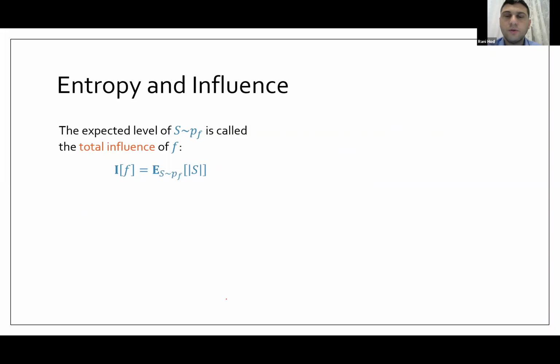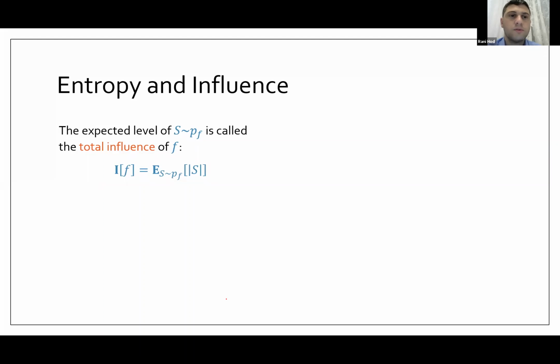Okay, so this is our starting point. Now we define two values that we can associate with each function, the entropy and the influence. Both of these somehow measure how spread out the coefficients are, meaning how close the distribution is to something rather uniform. In the total influence, we care about sampling a set and looking at the expected cardinality of the set.